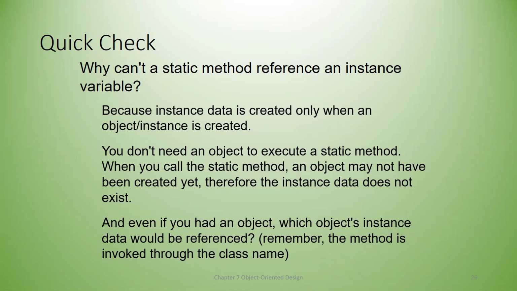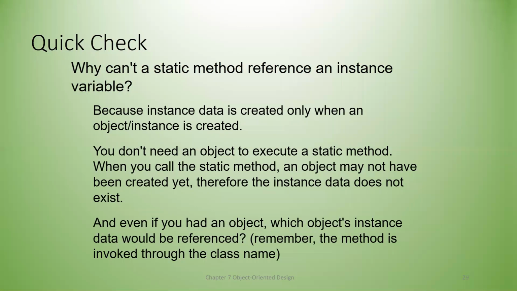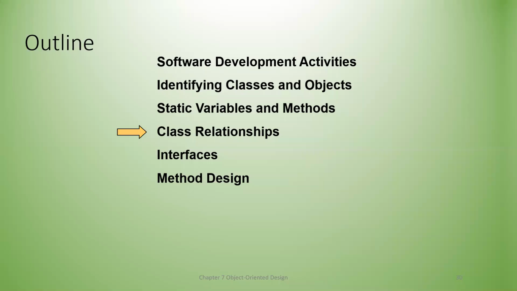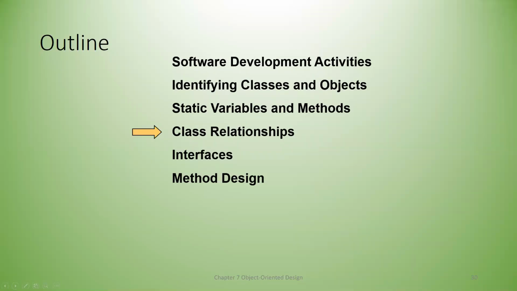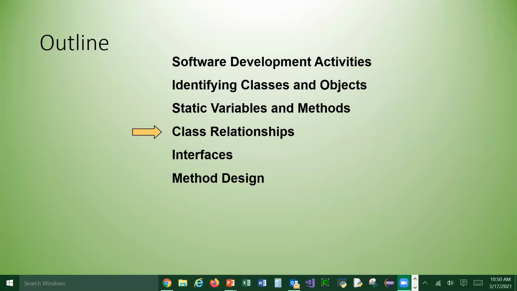So now we have 20 minutes. Let's go to class relationships, okay? If you are all good with what we discussed so far, how do you feel? Are you okay? Okay, class relationships. I remember what I said. To design, right? The software development activities, what are they?